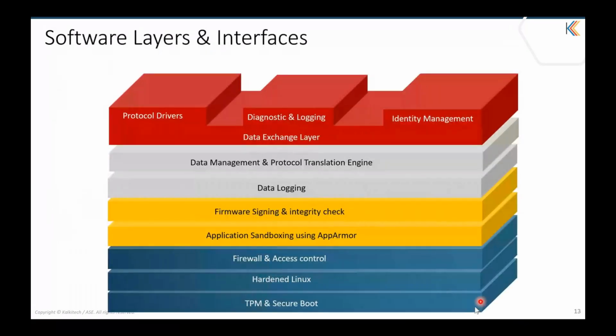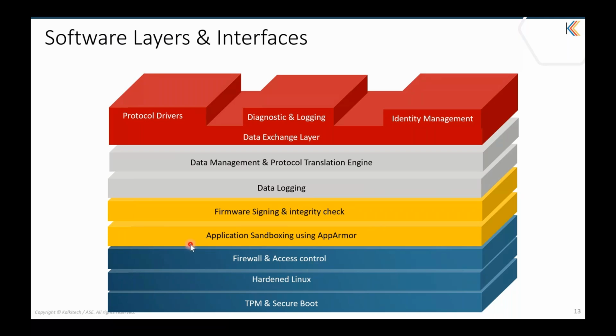Yeah, this is the picture representation of the security stack which is built in as part of the gateways. It comes with hardware level security, TPM, Secure Boot, and there's a hardened Linux on top. There's a firewall and access control built on top, which ensures that all external access through the communication port or user level access is controlled and checked.